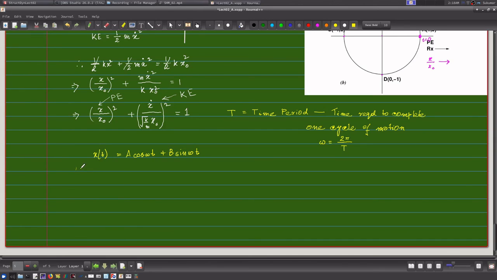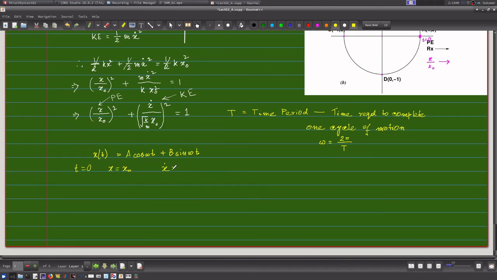Now what are my initial conditions? I had assumed at time t equal to 0 my deformation x was x naught and the velocity was 0.